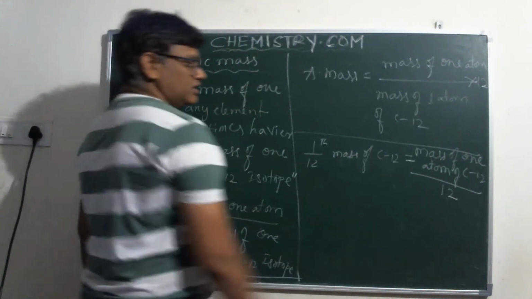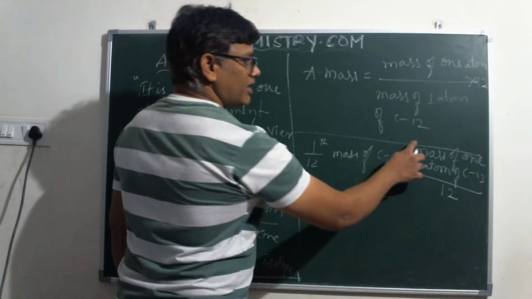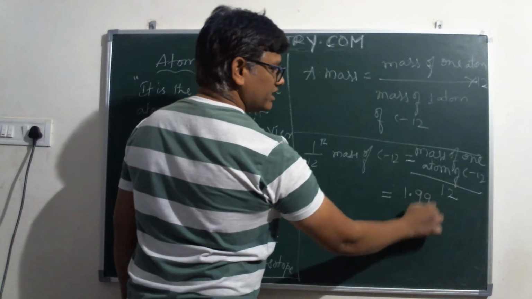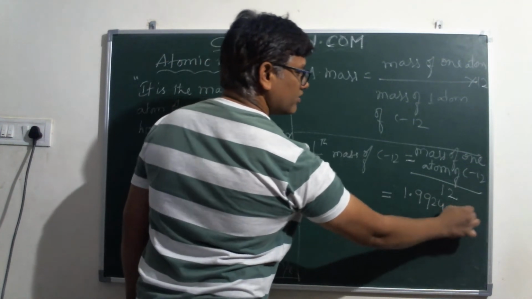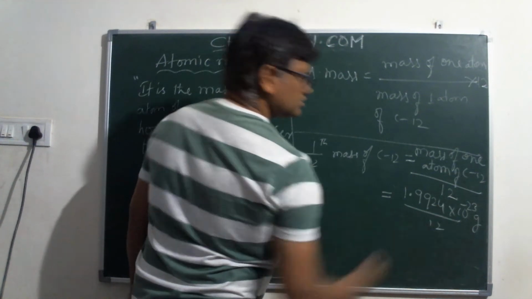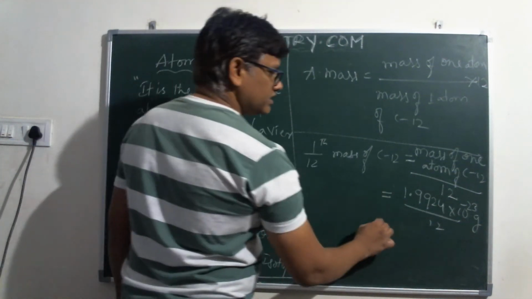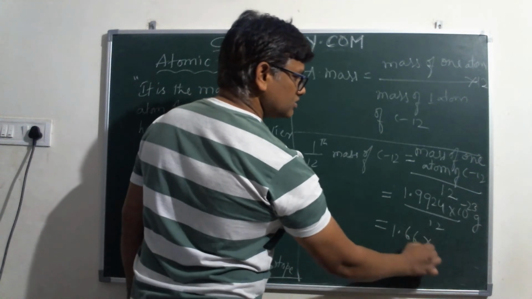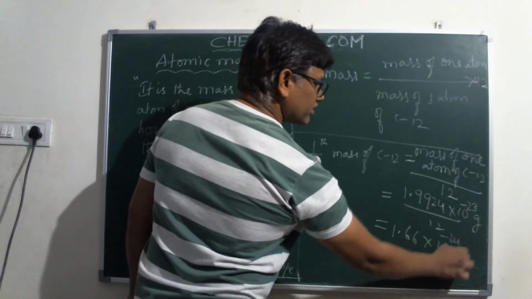So the mass of one atom of carbon 12 is 1.9924 into 10 power minus 23 grams, over 12. On calculation you will get 1.66 into 10 power minus 24 grams.